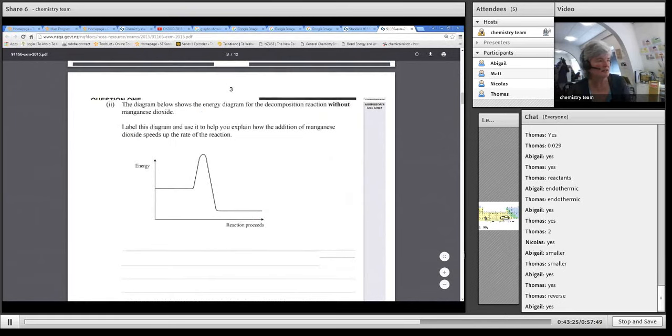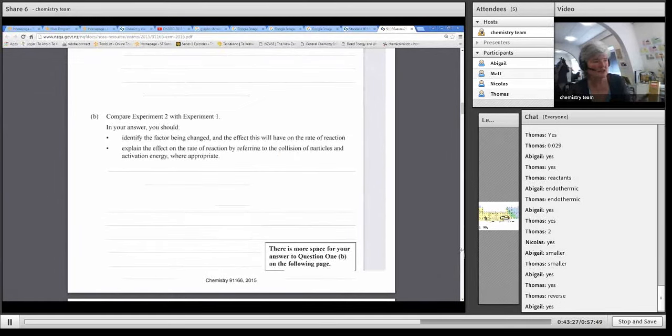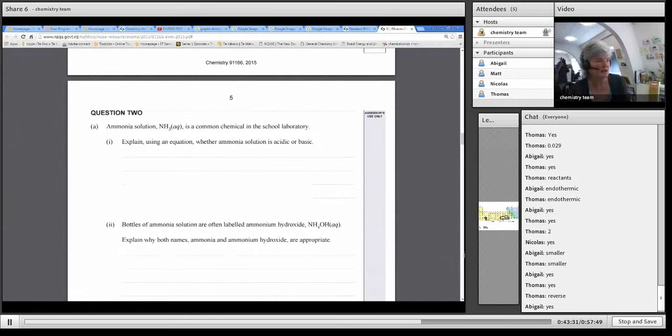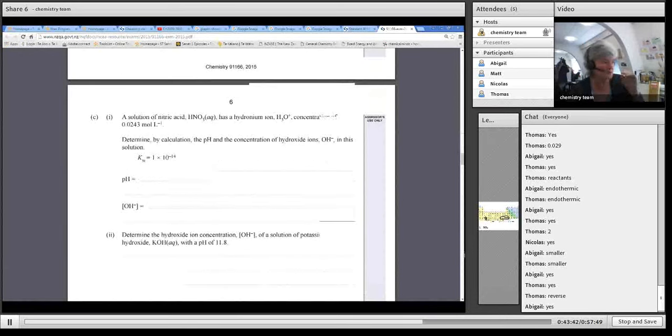That's normally a whole question on rates, and then they'll start doing either acids and bases or an equilibrium one. Here they've done acids and bases, which we haven't dealt with.